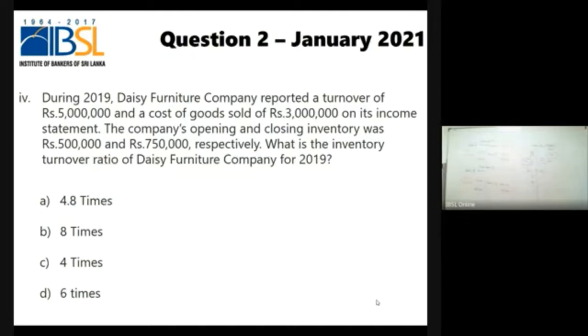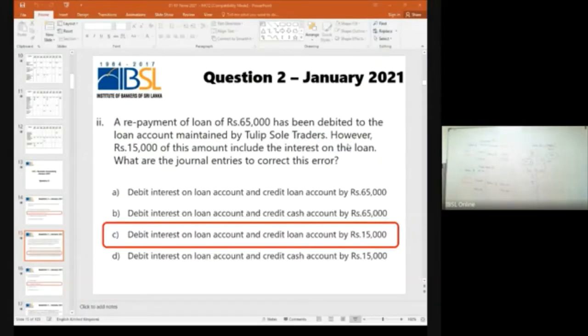The company's opening and closing inventory was 500,000 and 750,000. Opening stock and closing stock. What is the inventory turnover ratio? This is something to do with the financial ratios. Can you quickly do it and tell me the answer?